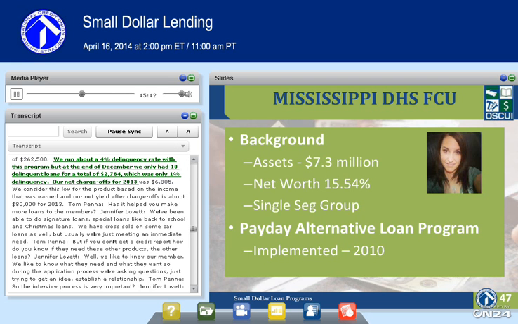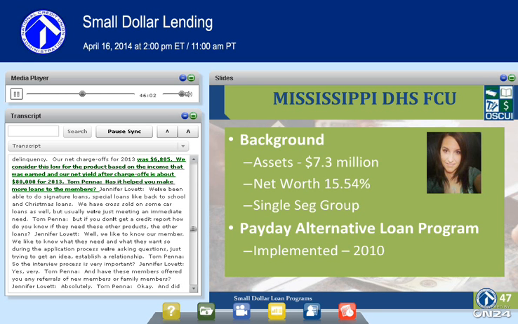We run about a 4% delinquency rate with this program, but at the end of December, we only had 10 delinquent loans at a total of $2,764, which was only 1% delinquency. Our net charge-offs for 2013 were $6,805. We consider this low for the product based on the income that was earned. And our net yield after charge-offs is about $80,000 for 2013.